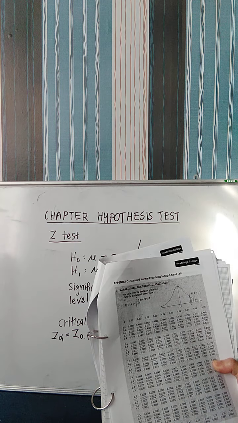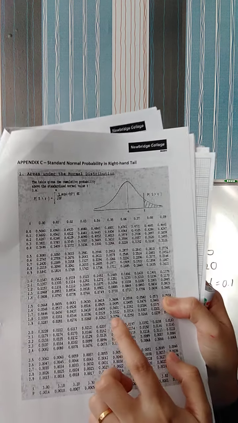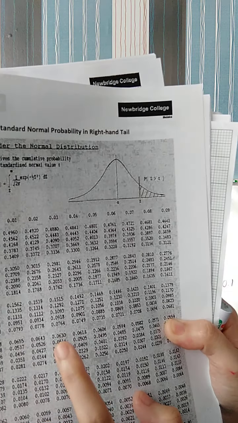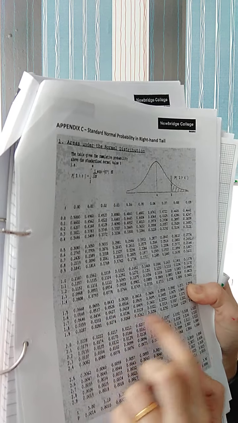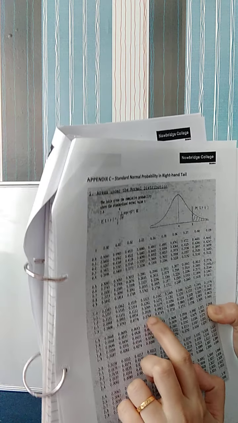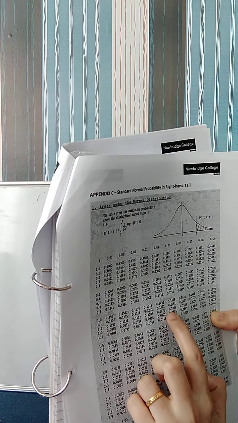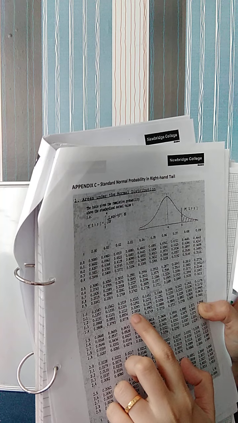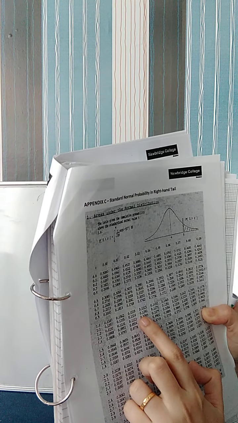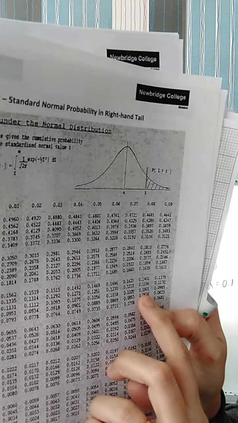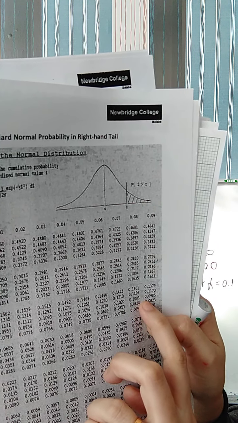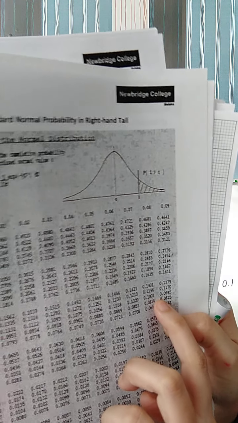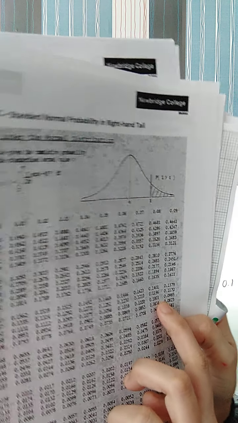How to read 0.1 from this table is you find 0.1 in the table, or a value approximate to 0.1. You can find 0.1003, which is approximate to 0.1.